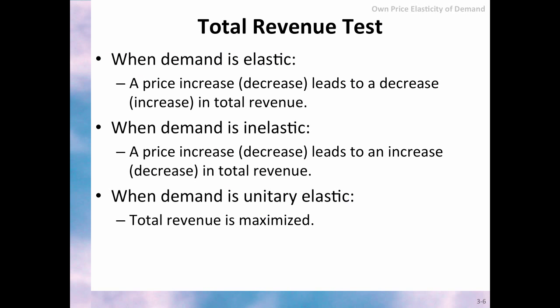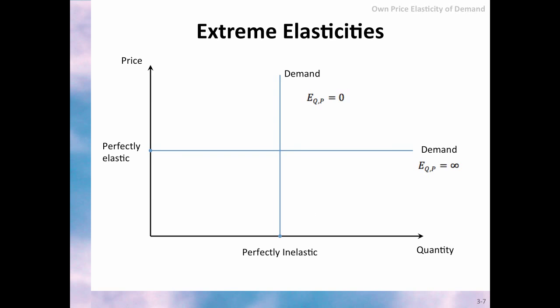This slide presents a summary of this relationship. You can either pause the presentation to read it carefully, or you can consult your textbook, which contains the same information. Now, there are two extreme possible price elasticity values. One, when the demand is perfectly inelastic, the price elasticity of demand is equal to 0. This means that the demand is totally unresponsive to changes in prices, and this is illustrated by a perfectly vertical demand curve.